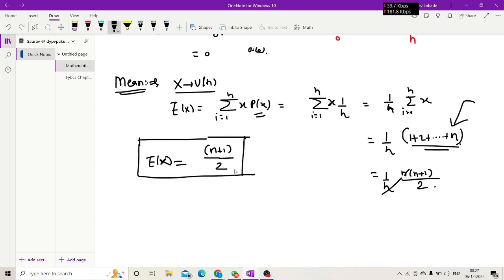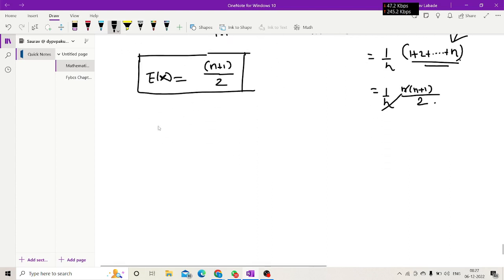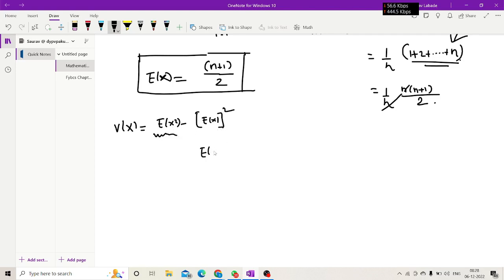Now next is the variance. Variance is already a familiar term. The formula is expectation of x square minus expectation of x, bracket square. So for that purpose, I must find expectation of x square.